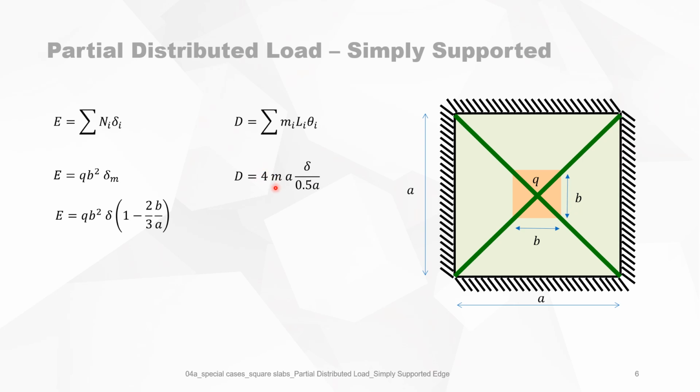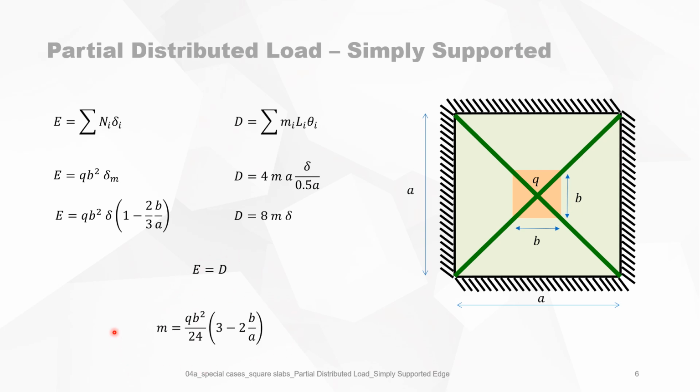So D is equal to 4 times the plastic bending moment times L, which is the projection of the yield lines to the axis of rotation, which is A. And the angle of rotation is, of course, delta divided by the maximum distance, which is A over 2. So D is equal to 4 M delta.